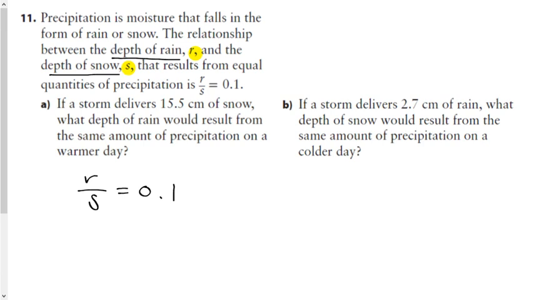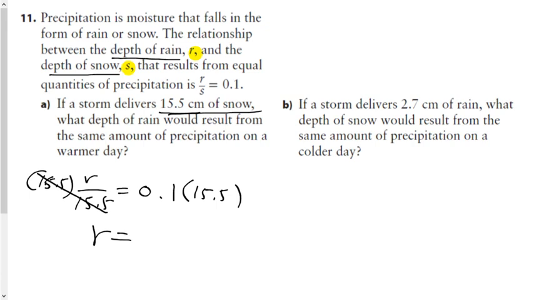and I read the question, if a storm delivers 15.5 centimeters of snow, what depth of rain would result? So what I'm going to do here is substitute my snow for the quantity it says, in this case 15.5, and I'm going to solve it using my algebra sense. So multiply both sides by 15.5.